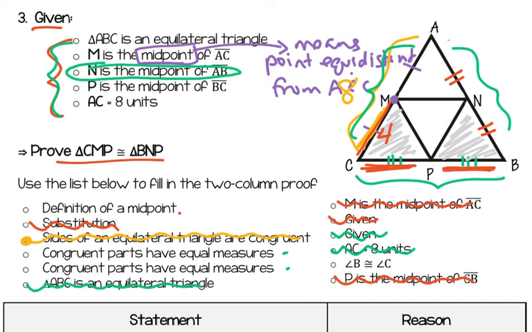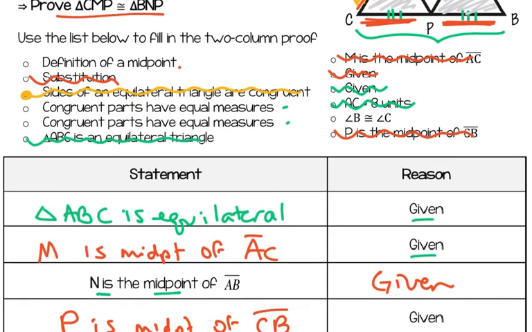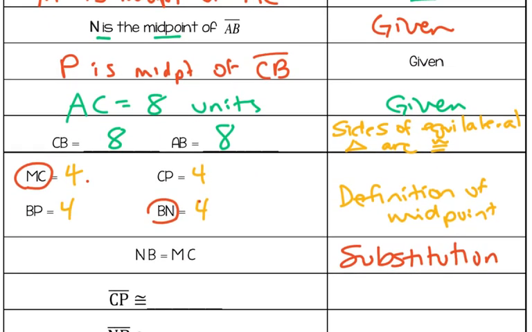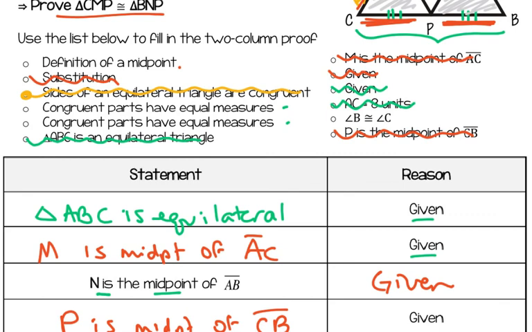I've already said that they're both equal to 4, we already said right here that they're equal to 4. And so that means that they must be congruent, because if they have equal parts, then they have equal measures. So I'm going to write congruent parts have equal measures, and I'm going to cross that off my list. Congruent parts have equal measures.